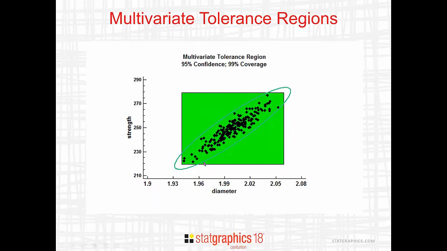We either do a Bonferroni approach, or we estimate the exact tolerance region, which is an elliptical region. So what you see here is actually two different types of multivariate tolerance regions. The ellipse is the exact one. I am 95% confident that at least 99% of all the items in the population from which we've taken this particular data fall within that elliptical region.